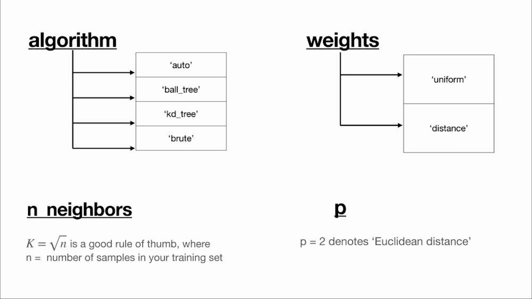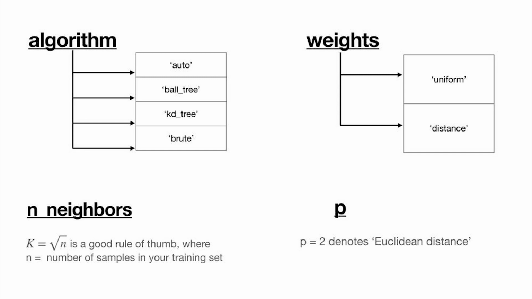If you change it to distance, the impact of each example becomes the inverse of the distance. So if a neighbor is nearer than the other neighbor, its impact will increase. In classification, it will have a slightly bigger vote. In regression, it will have a slightly bigger number. Its impact will increase with the inverse of the distance.